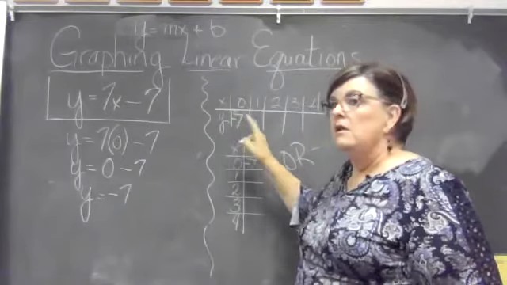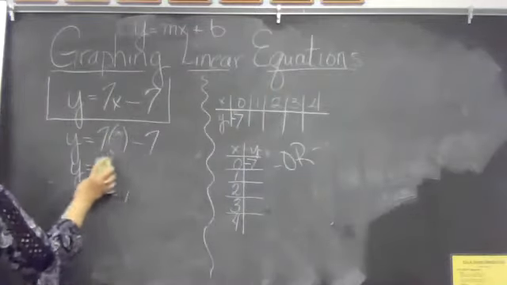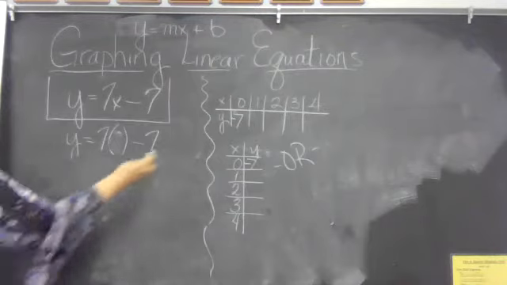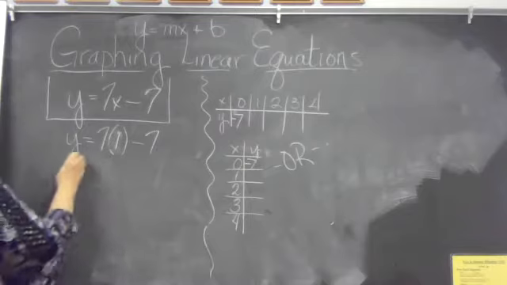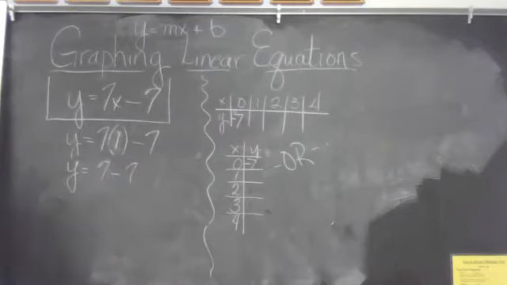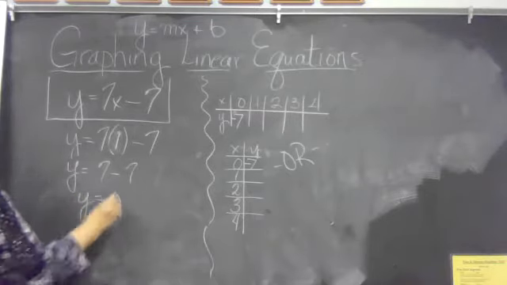Now the next one is I'm going to plug in 1 for x. We're going to do this over and over again. So now our x value is 1. So y equals 7 minus 7, 7 times 1 is 7. So y equals 0.